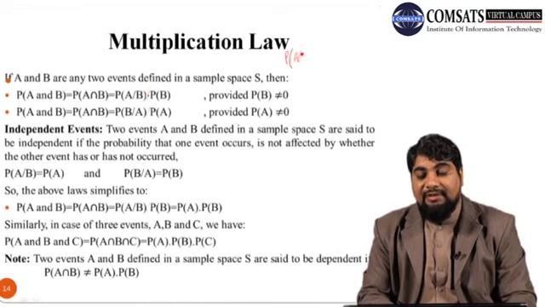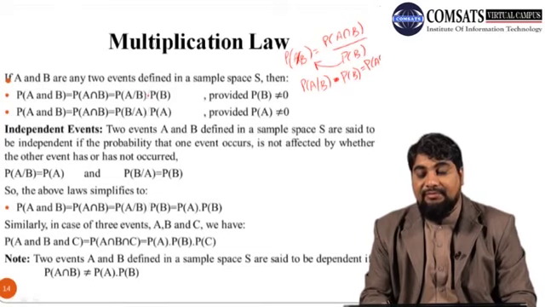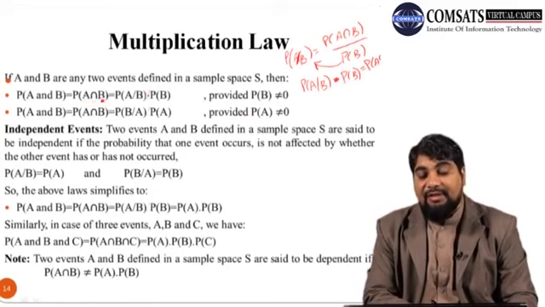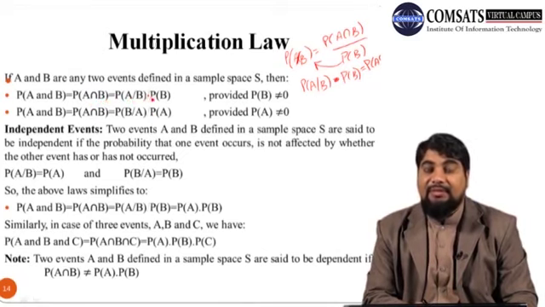We know that the probability of A given B is P of A intersection B over P of B. So if you shift this to the left hand side, this becomes P of A given B times P of B, and on the right hand side we are left with P of A intersection B. Or you can write it the opposite way, with P of A intersection B on the left hand side, and P of A given B times P of B.